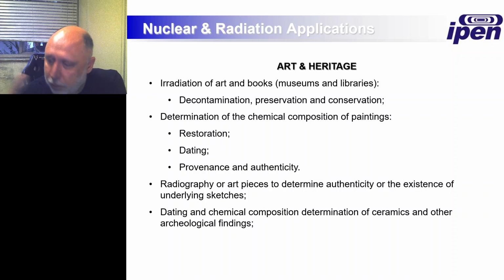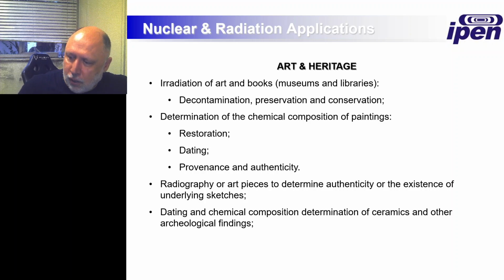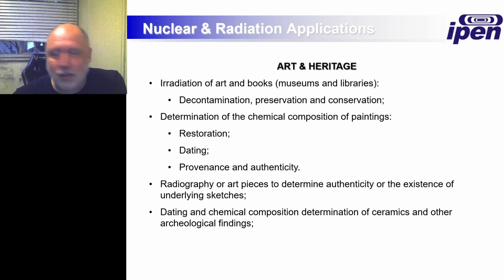Especially in the Middle Ages, painters would make their own paint, so they would use part of the earth from some place, herbs that grew around. So their chemical composition was quite a signature of the painter. And then when you get the chemical composition, you can say, okay, this seems like something this painter could have done, or no.